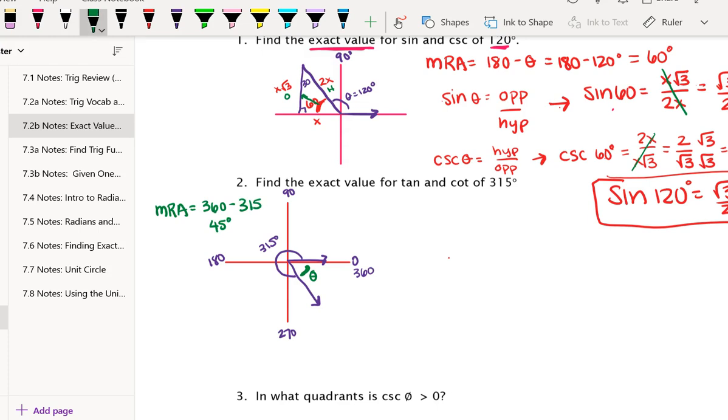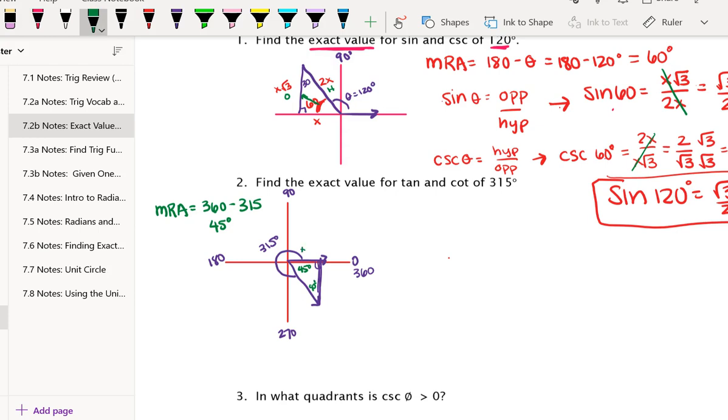We're going to draw in a triangle to the x-axis, and so this is now a right triangle. Well, if you have an angle of 45, that means that this is going to be a 45, 45, 90 degree triangle.